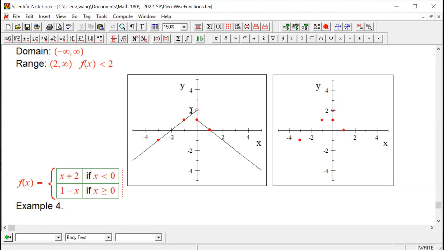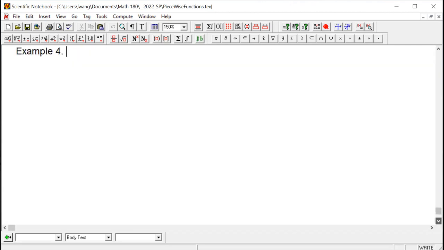Okay, and this function is going to be over here. I just picked one from your homework. So f of x equals, we've got 2 pieces.